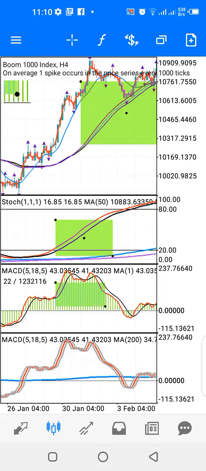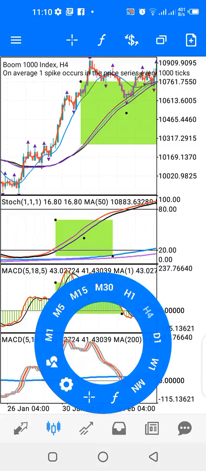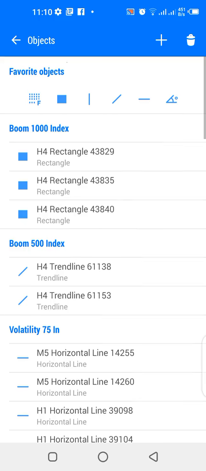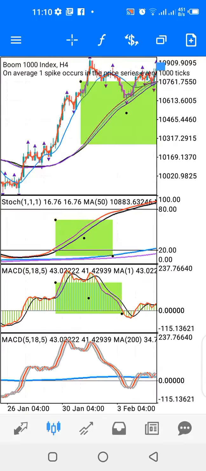This is indicator window 2. And I have indicator window 3. This is indicator window 3. All right, so I'll look at the settings first, then I'll talk about how to use the indicators to make your trade decisions.